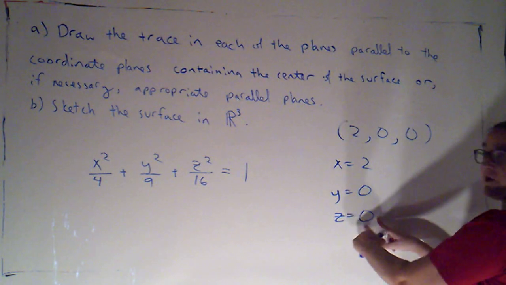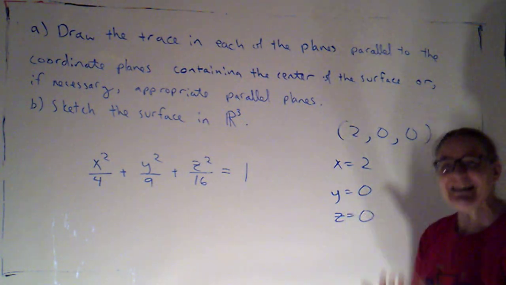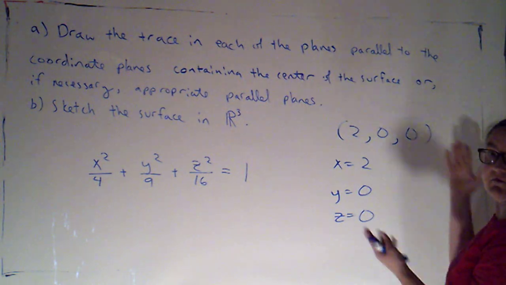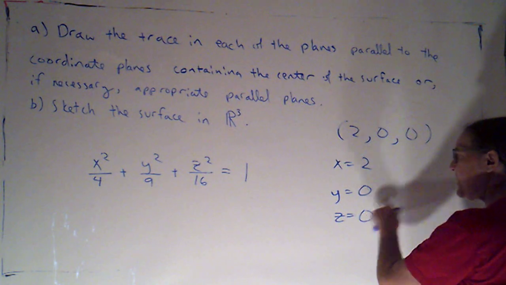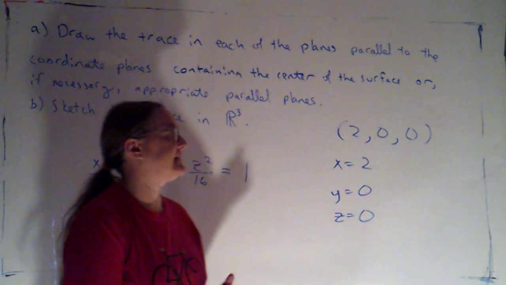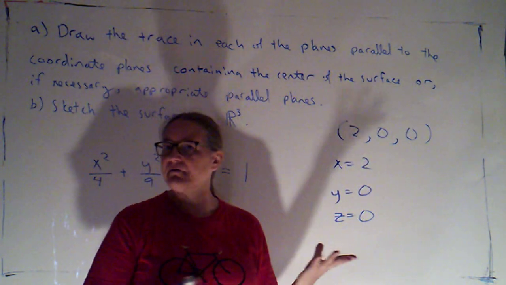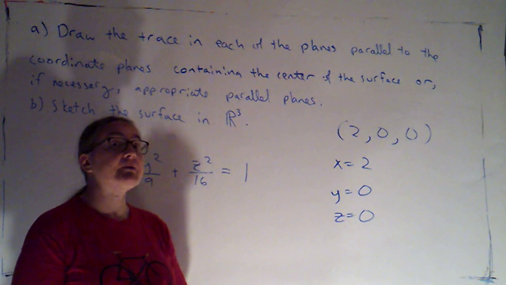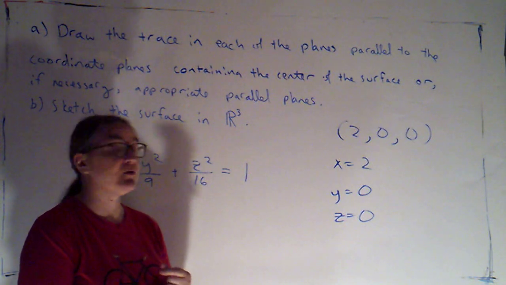Now, z equals 0, that's just the xy plane. That is a coordinate plane, and it contains the center of the object. Same thing with y equals 0, that is the xz plane, and that would contain the center of the object because the y value of the center is 0. But I wouldn't be looking in the yz plane, which has as its equation x equals 0.